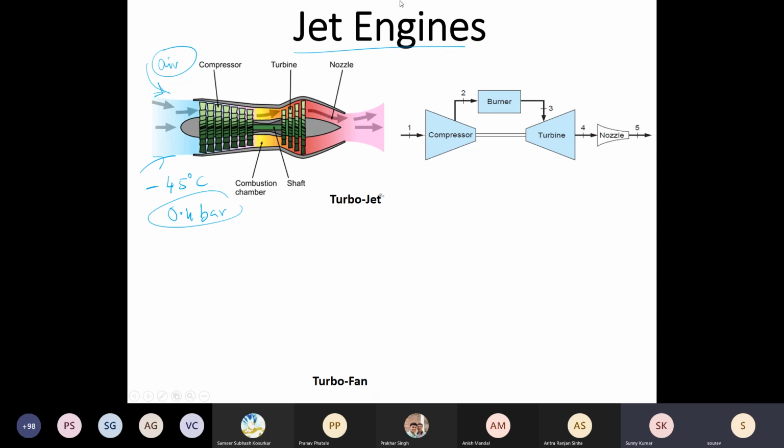What is the fuel in your jet engines? Petrol, diesel? You don't know the fuel used in jet engines. Come on, this you should find out.